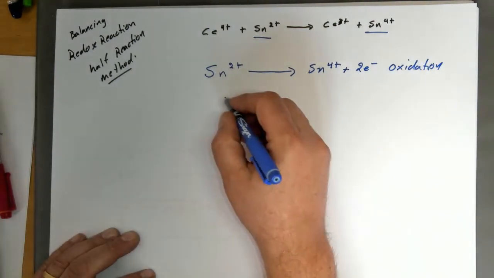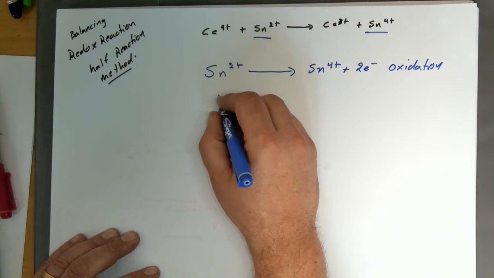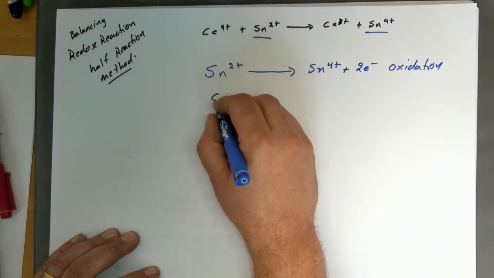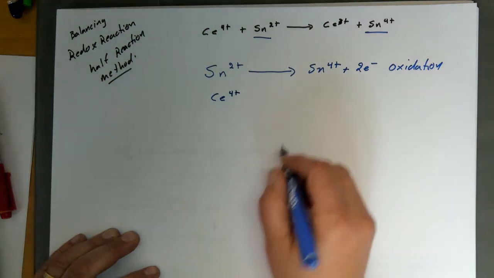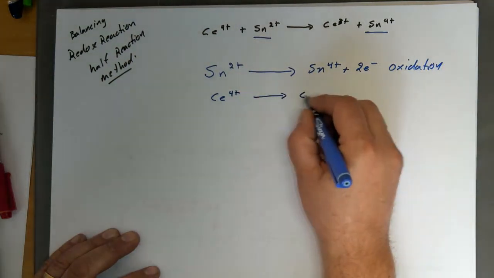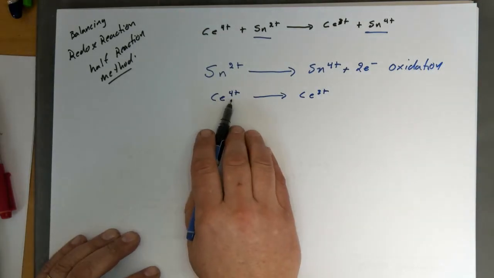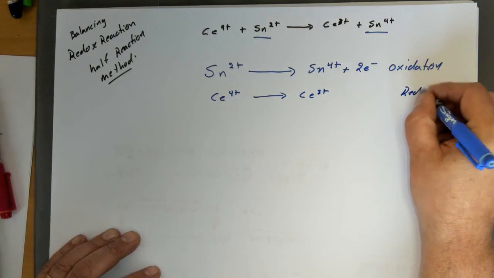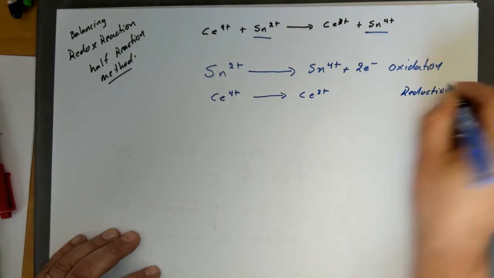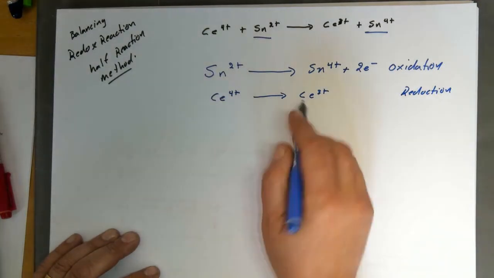On the other hand, if we look at cerium 4 plus and it goes to cerium 3 plus, we can see that there's been an oxidation number decrease. So right away we know it's a reduction. So we know it has to be an electron gain, right? So the electrons have to go on this side.